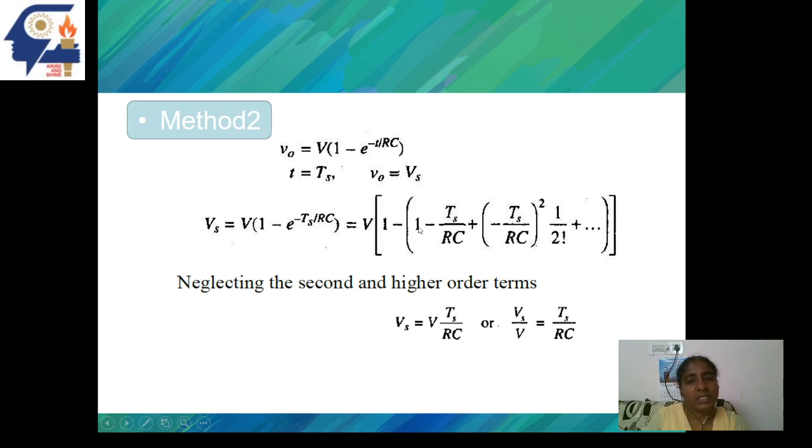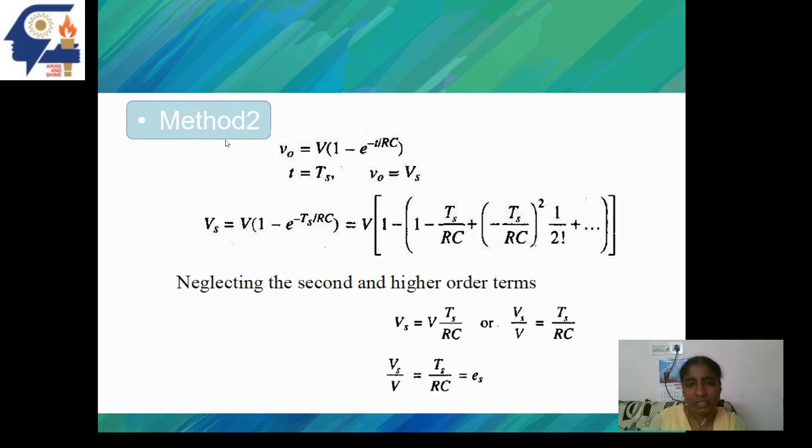We neglect second order, third order and all higher terms, so we have Vs equal to V into Ts by Rc. We know that the fraction Vs by V is nothing but the sweep error, that is equal to Ts by Rc. This is the second method of getting the expression for sweep error.